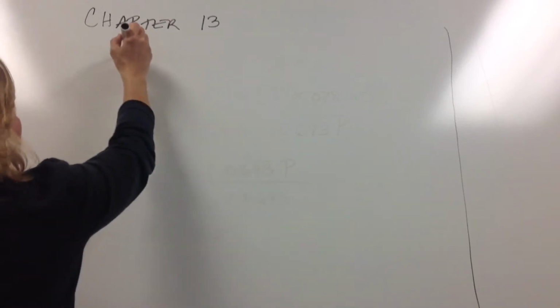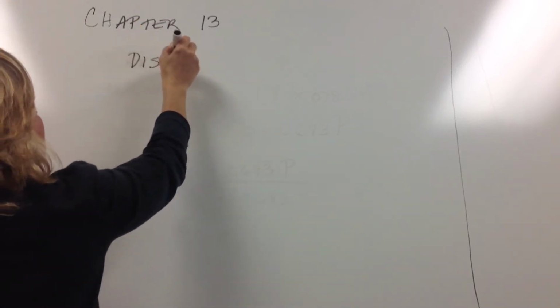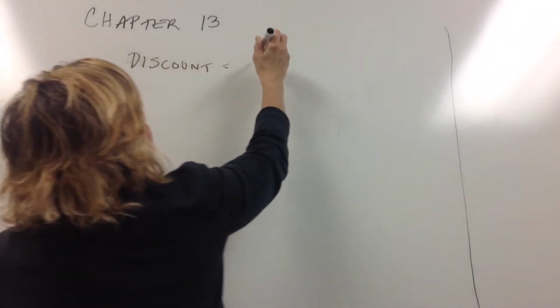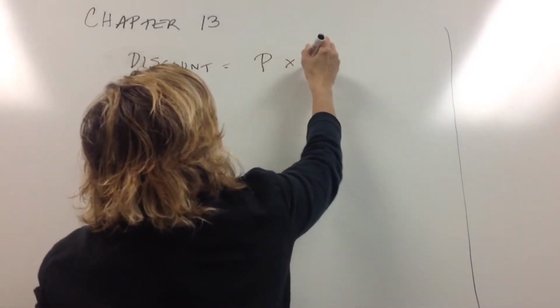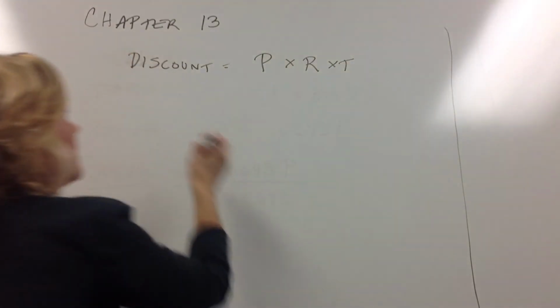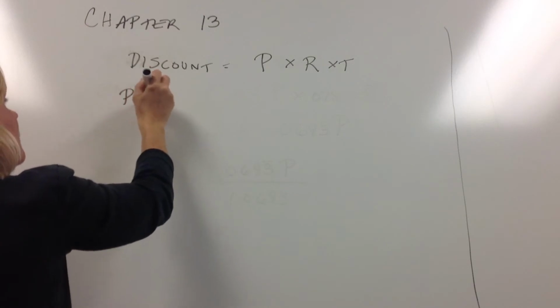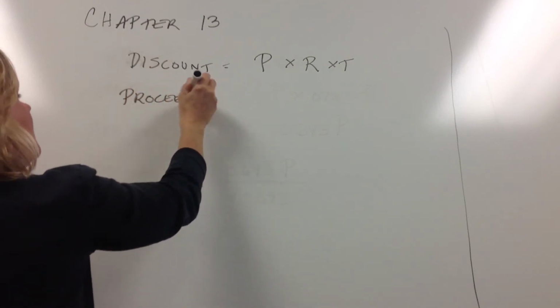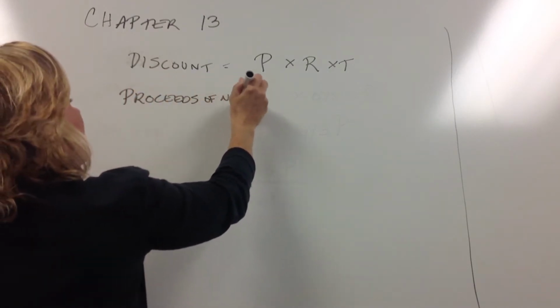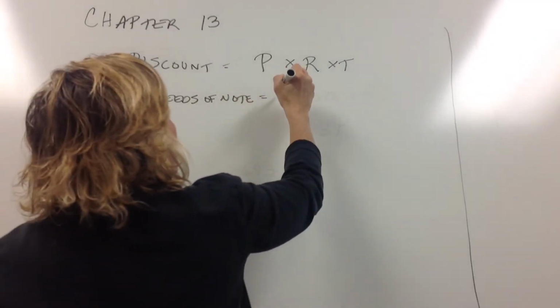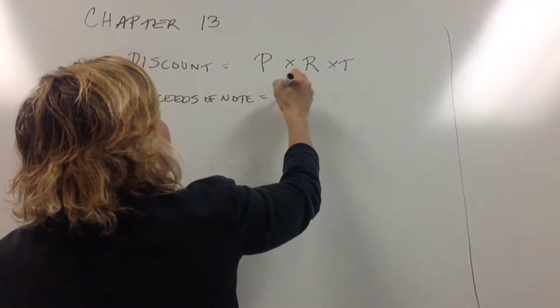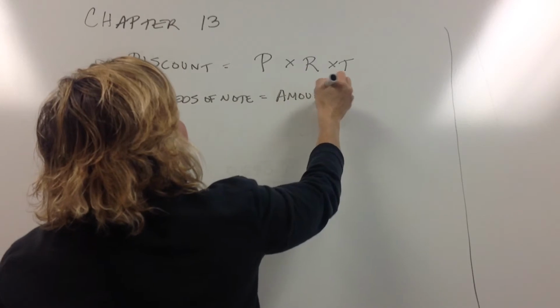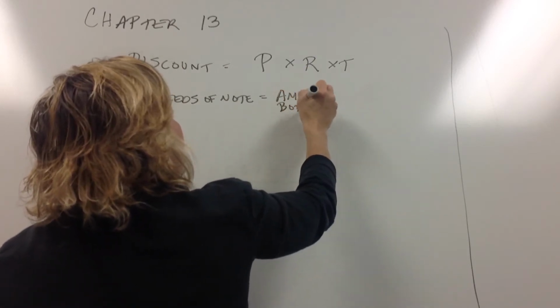Our discount is calculated the same way as interest: principal times rate times time. But then our proceeds on the loan are going to be the amount borrowed minus that discount.